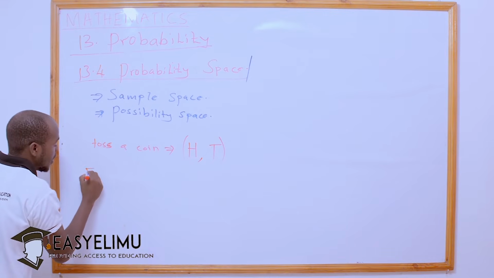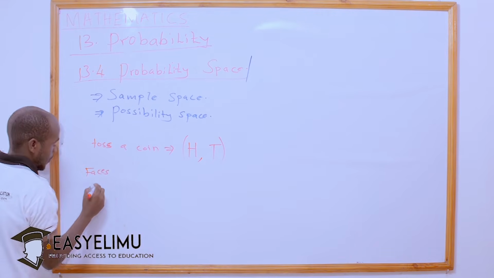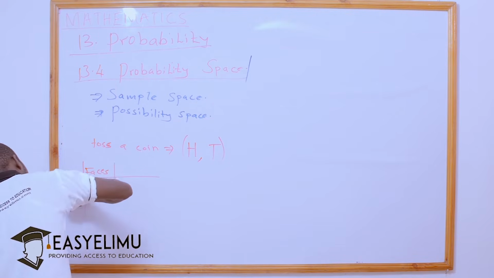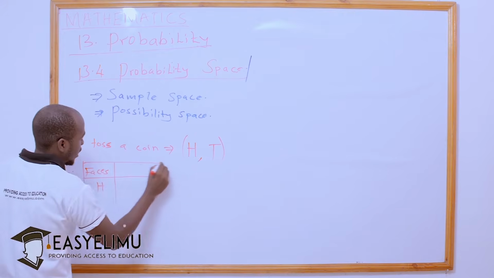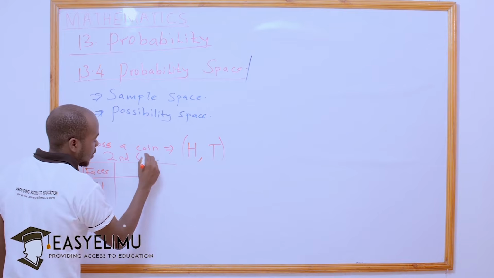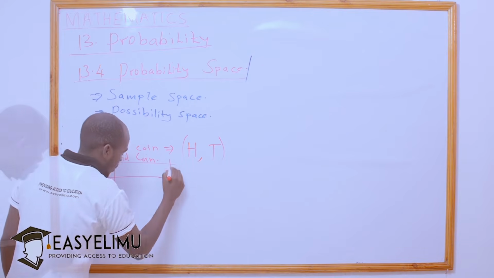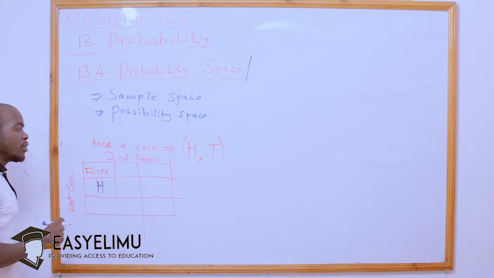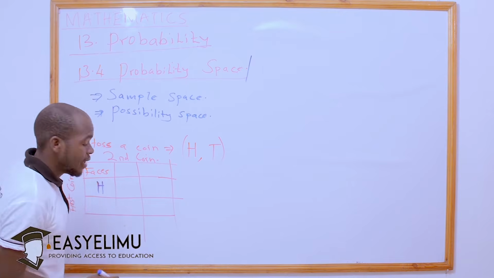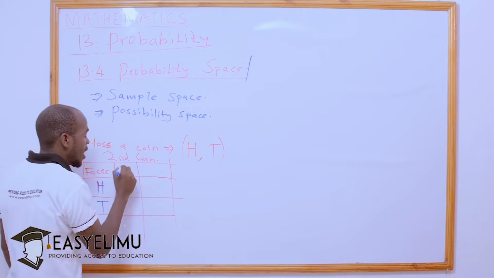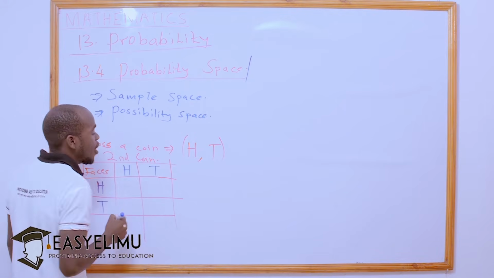Let's say the first coin is on this side and the second coin on this side. For the first coin, it will either give us a head or a tail, and for the second coin the same appears.